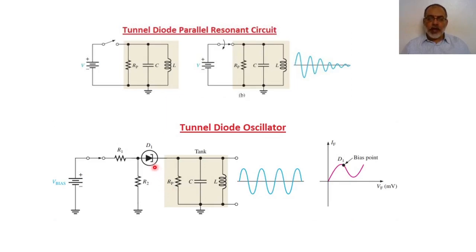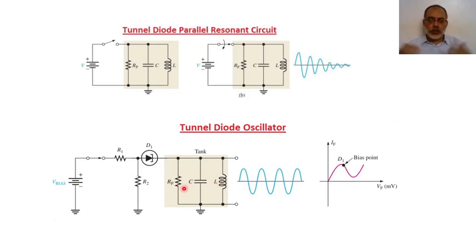So if I add a tunnel diode with an equivalent negative resistance to this tank circuit, the tunnel diode will compensate the dissipation effect of the parallel resistance. So the output voltage in this case would be continuous oscillation.